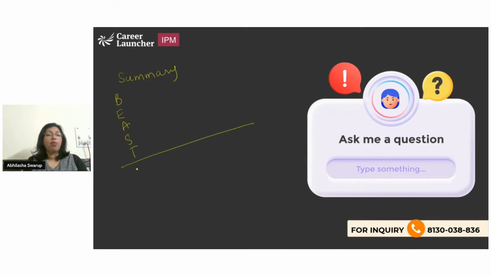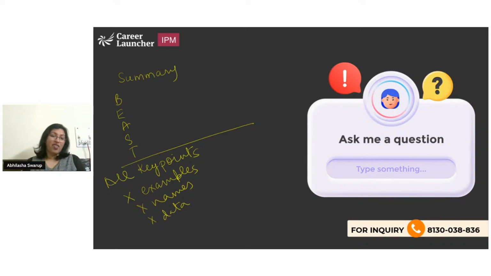Also remember that a summary must have all the key points of the passage. Okay, all the key points. And it must not have any examples or names or data unless the passage is about the data. Okay, so remember that.